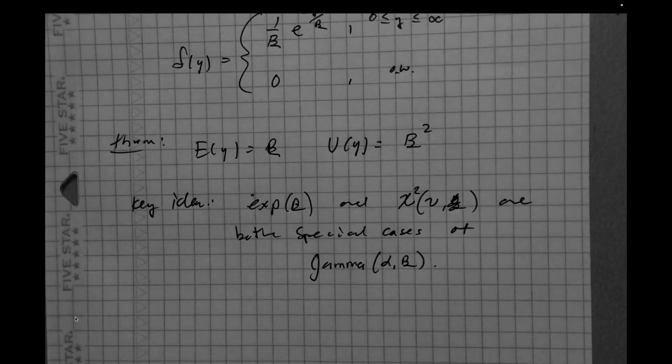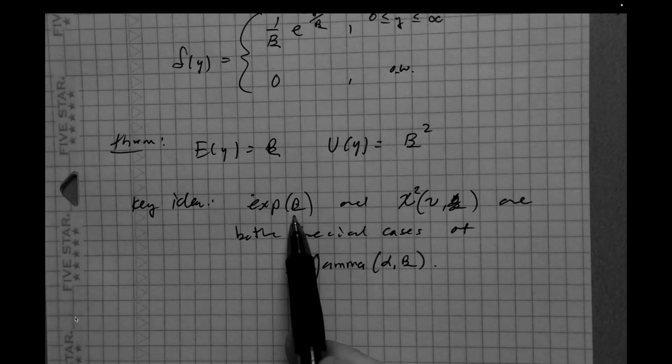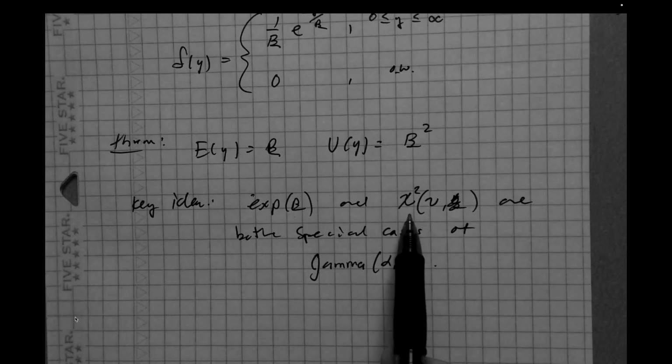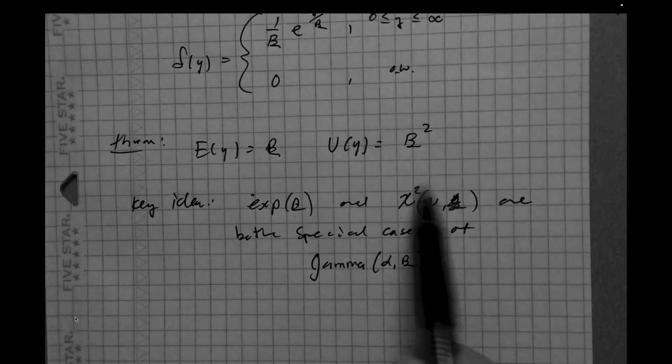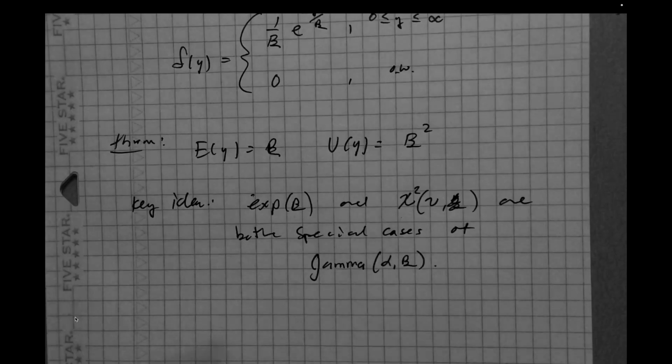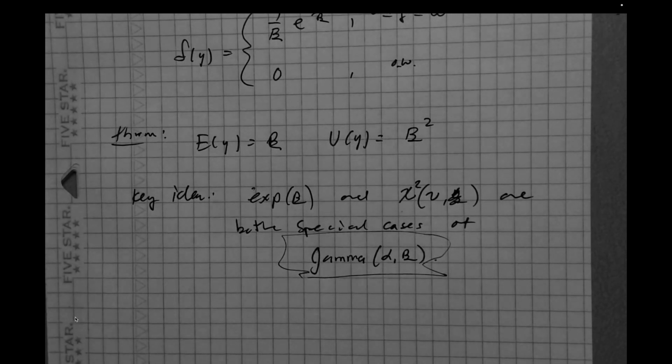There's only one parameter. Beta's fixed in that case at 2, remember. So for the exponential, you really just need to know the beta parameter because the alpha parameter is fixed at 1. And for the chi-square case, you really just need to know the value of nu. You divide that by 2. That's your alpha in the gamma distribution, and beta is fixed at 2. But these are both just special cases of this guy.